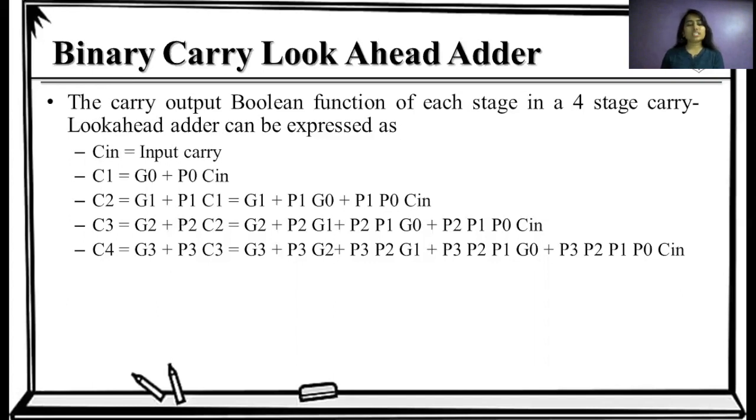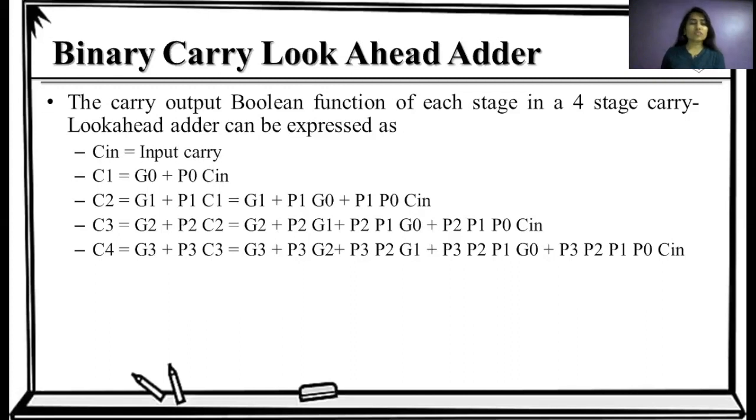Then for C3, we have the equation G2 plus P2 into C2, and substituting the equation of C2, we write G2 plus P2 G1 plus P2 P1 G0 plus P2 P1 P0 Cin.